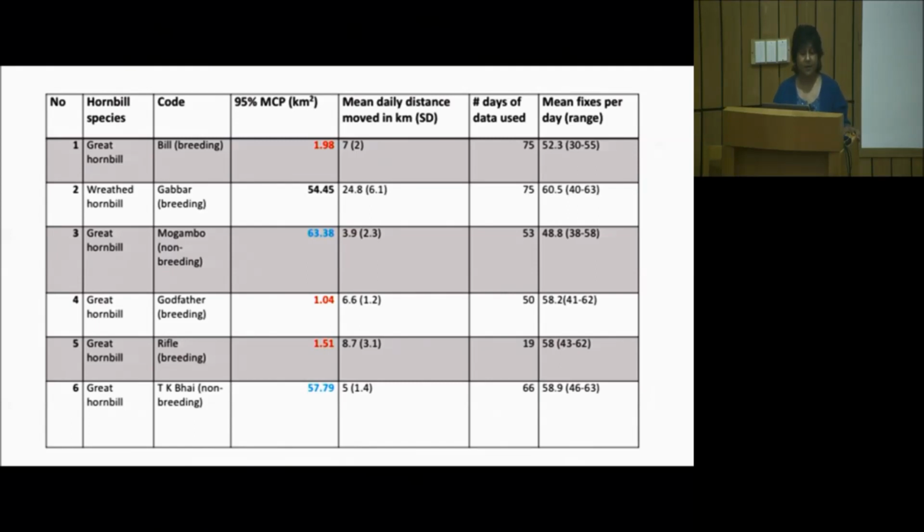The great hornbill home range during the non-breeding season, from 2 birds, is around 60 square kilometers, whereas the wreathed hornbill home range, even in the breeding season, where you'd expect them to move less, was 54 square kilometers. Unfortunately, we could not tag wreathed hornbills for the non-breeding season, and they are supposed to have much more wide-ranging movements. We got the mean daily distance moved, which indicates that hornbills move quite a bit, especially the wreathed hornbill.